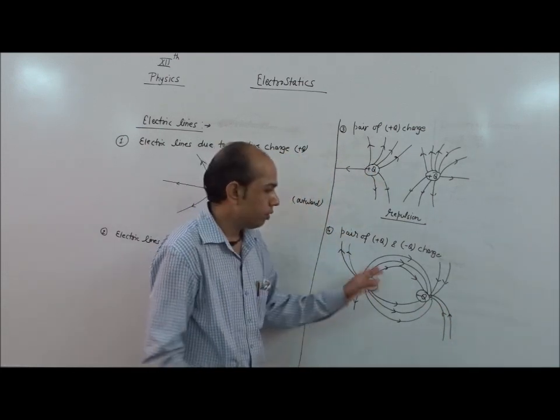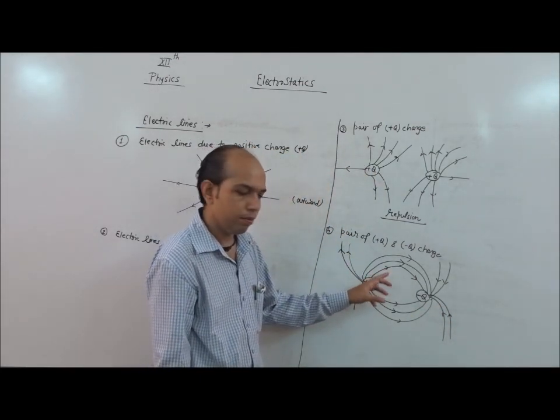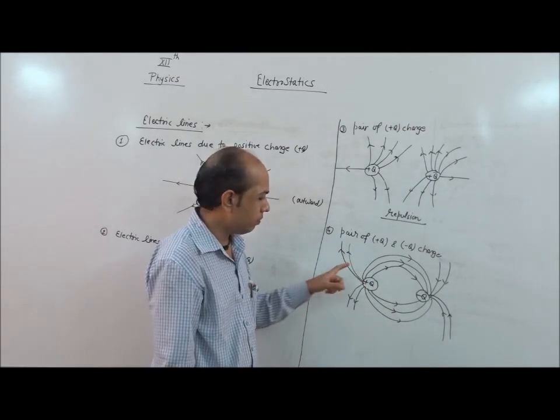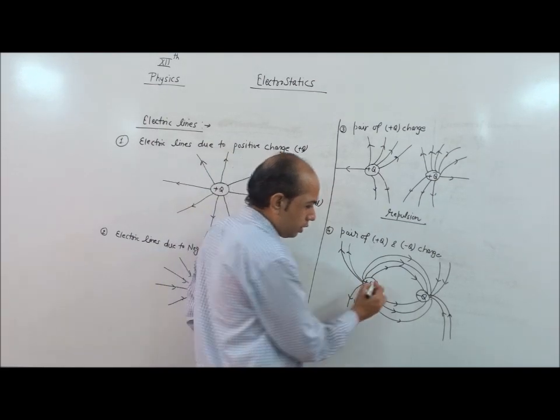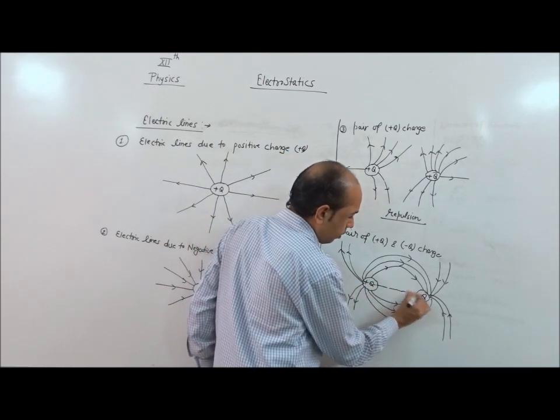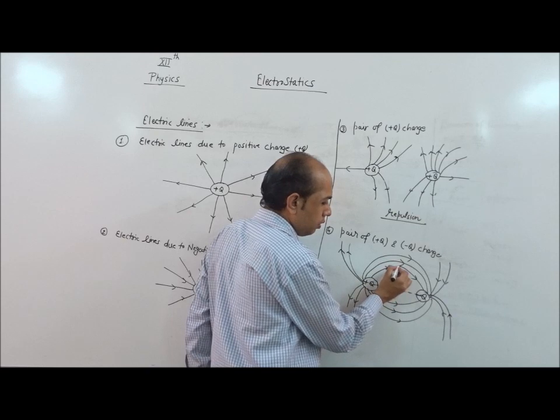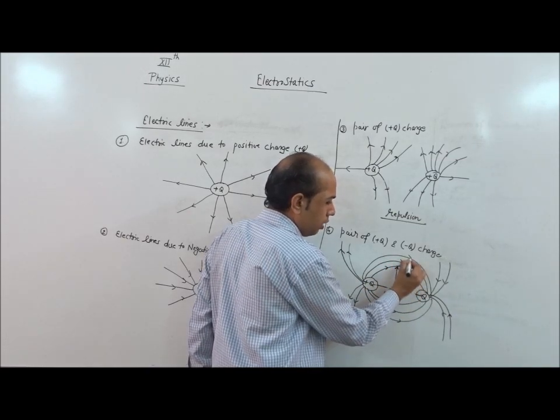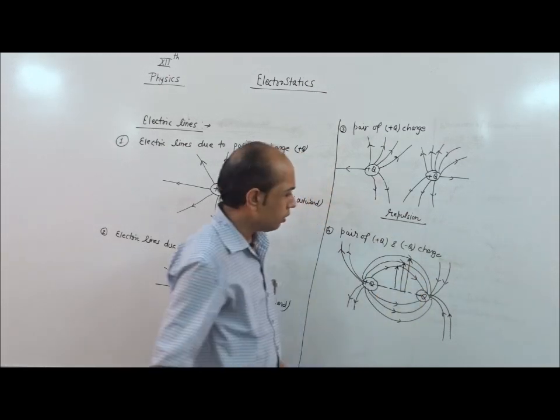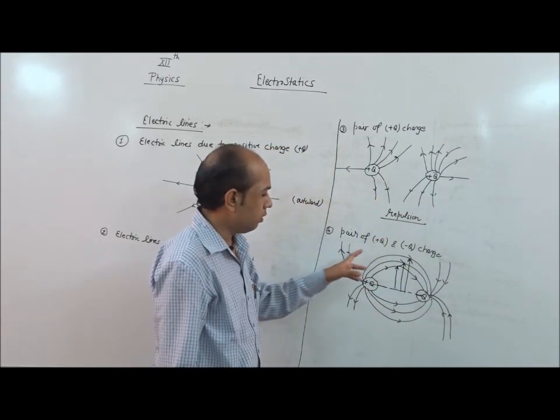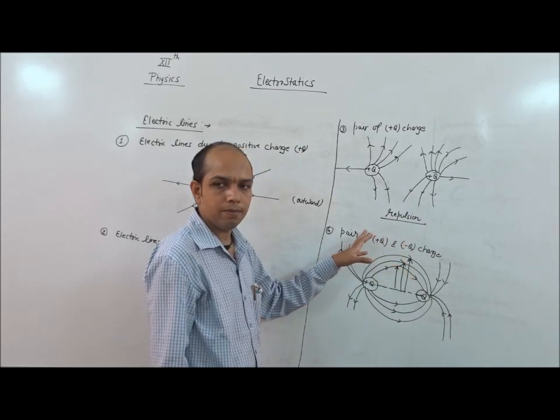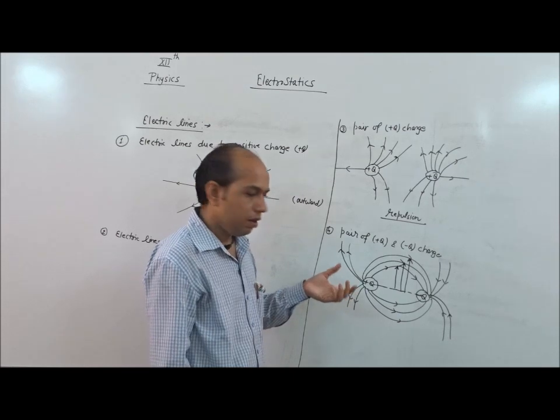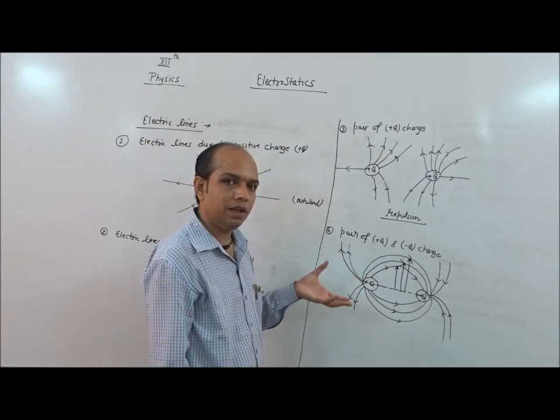This is the pattern. One more thing, please remember it. What we see here when we draw these lines, as we increase the distance, R1, R2, suppose R3 and so on, these lines break. So these breaking lines show that the force of attraction is less.